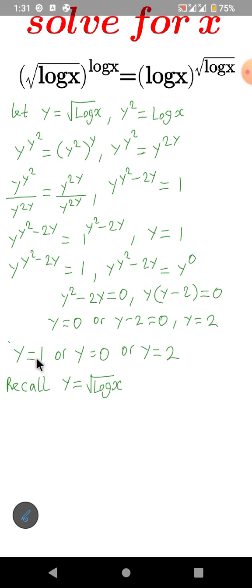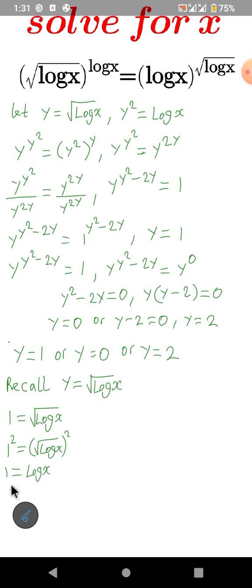So we continue now. y equal to 1, right? So here will be what? 1 equal to the square root of log x. From here now, I'm going to square both sides. When I square both sides, that's 1 square, then here we have the square root of log x squared also. 1 square is what? 1 equal to, now square is going to cancel the square root, so we have log x here.